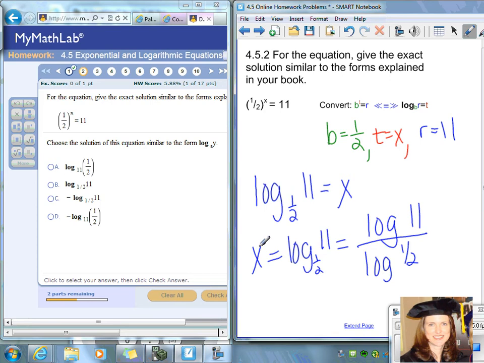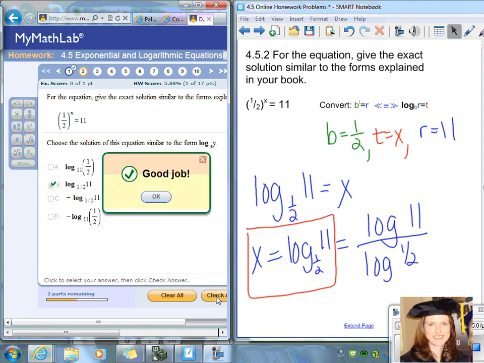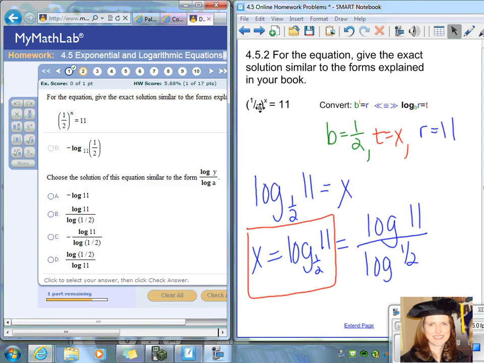Actually, I don't even need to go that far because one of the choices is x equals log base 1/2 of 11. Let's check our answer. Okay, so this one was a matter of simply rewriting it in logarithmic form.